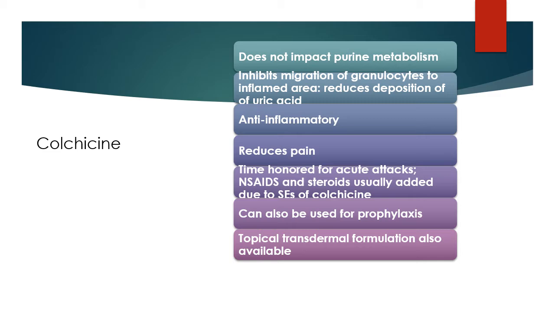You can also use the NSAIDs and steroids, but often they will be added to colchicine because patients can't always tolerate the side effects of colchicine. So they may need lower doses or be taken off colchicine if they can't tolerate side effects. Colchicine can also be used for prophylaxis, and there is an available transdermal formulation.